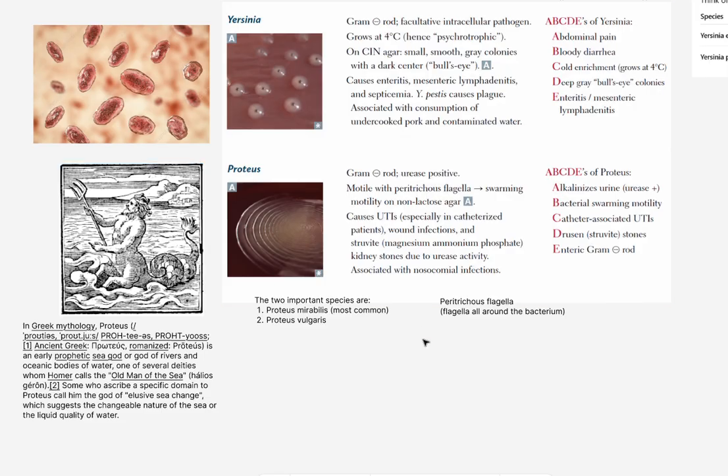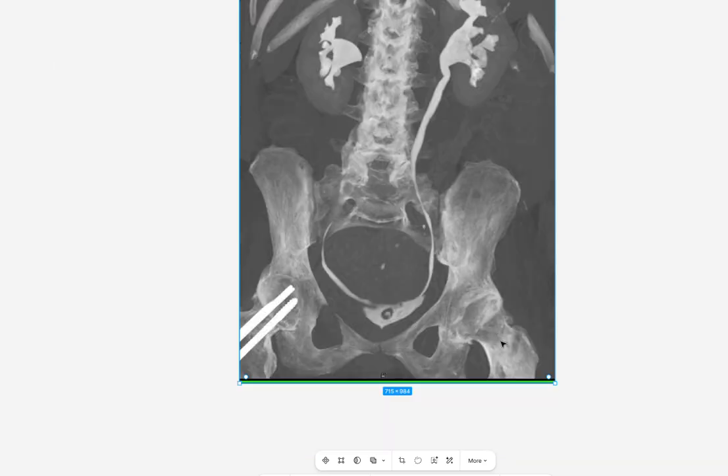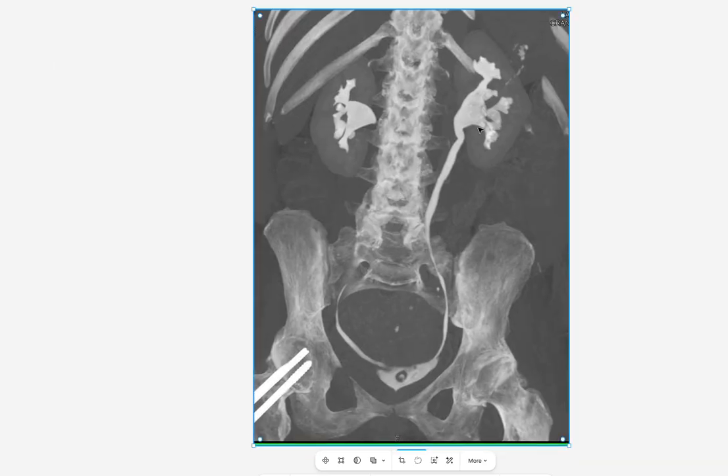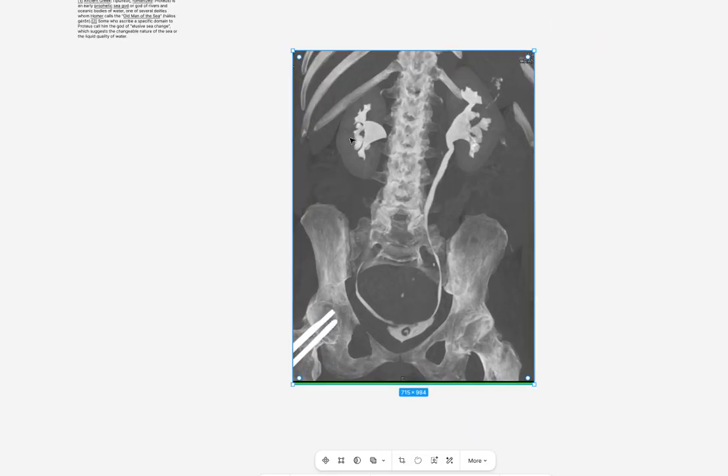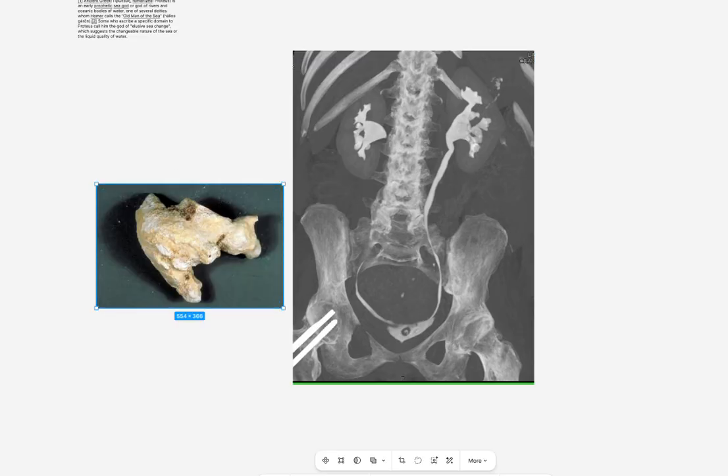So when they form in the kidney pelvis, they form these staghorn-type calculi. Can you see this one here and this one here? I'm going to show you another one. If I remove this calculus, this is how it looks. It looks like a staghorn. That's why we call these struvite stones staghorn calculi.